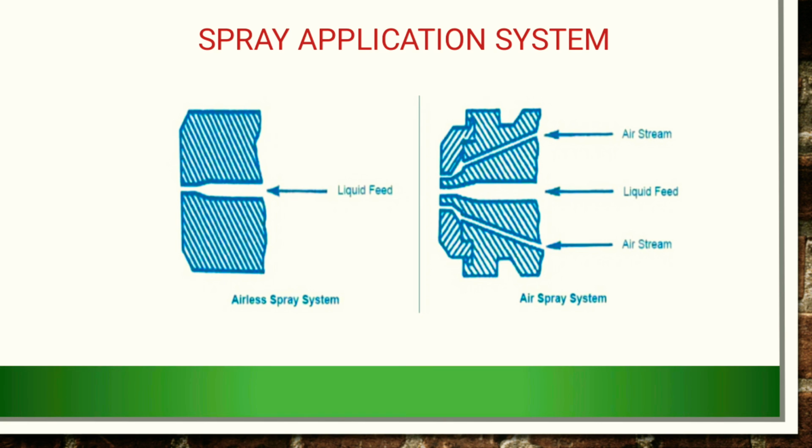In this system, the coating solution is pumped at a high pressure of around 250 to 3000 psig through a spray nozzle with a small orifice. Atomization of the liquid occurs as it expands rapidly on emerging from the nozzle.